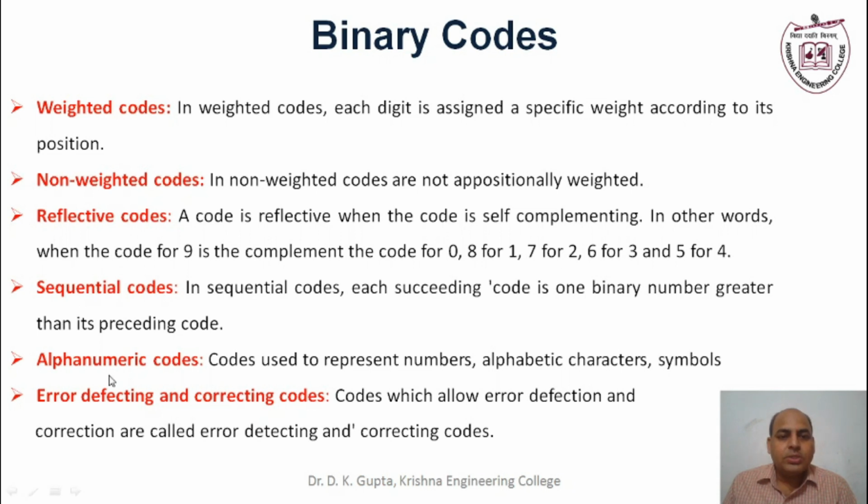Few codes are there which have alpha as well as numeric characters, as we know in our keyboard system. So laptop or desktop keyboard, or mobile keypad. All these devices are using the ASCII keyboard.